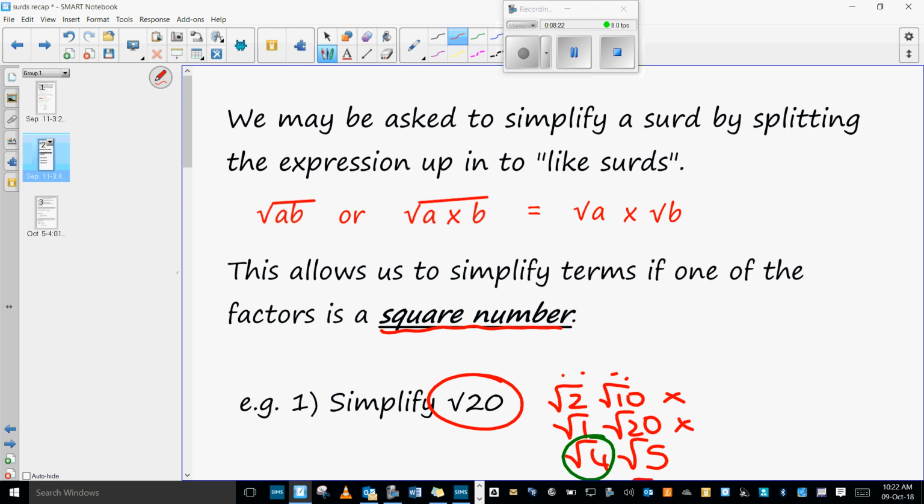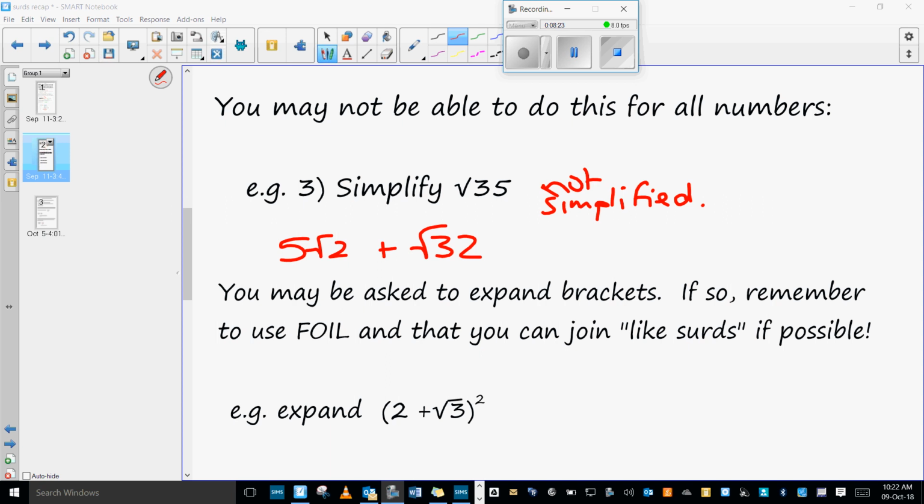If you had a question like that, you might look at that and say, well, I can't simplify it because I have a different number here. But we know that root 32 can be written as root 16 root 2. Are you with me? So then this question now becomes 5 root 2 plus 4 root 2, which is 9 root 2. You happy with that?